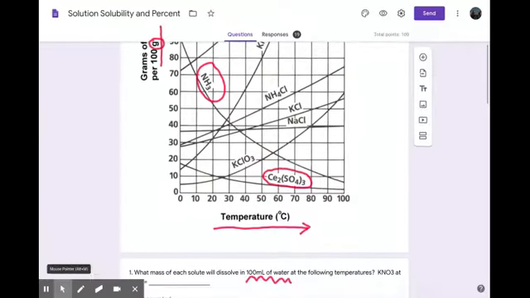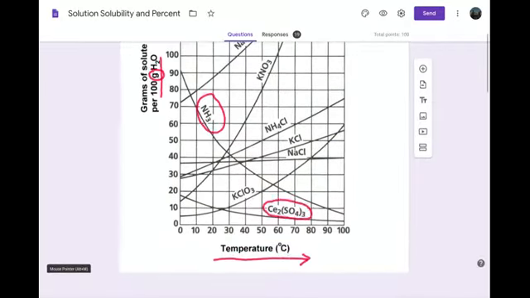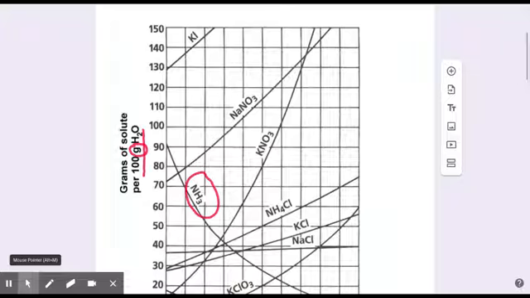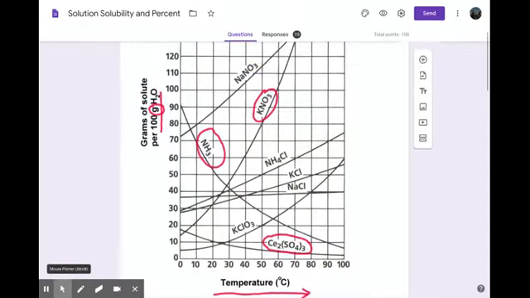And then our compound is KNO3, potassium nitrate, at 70 degrees Celsius. Let's find our KNO3 first. KNO3 is right here. And then at 70 degrees, let's find 70 degrees. 70 is right here.